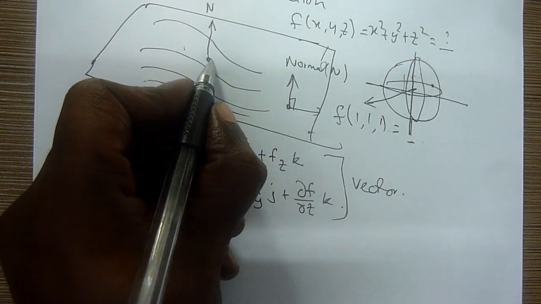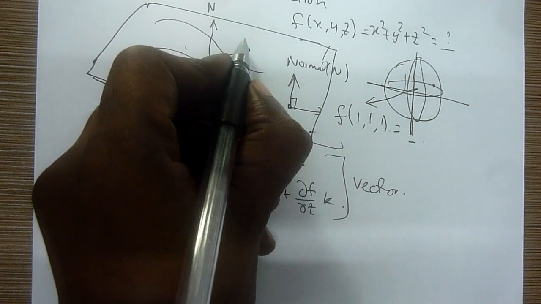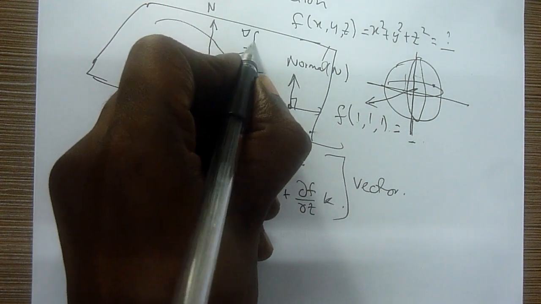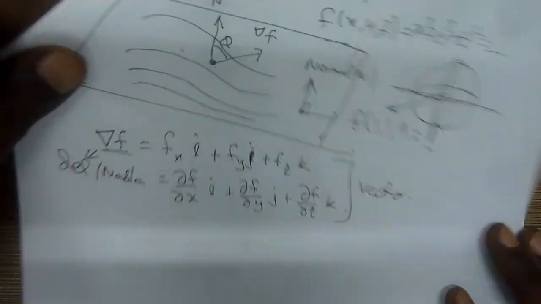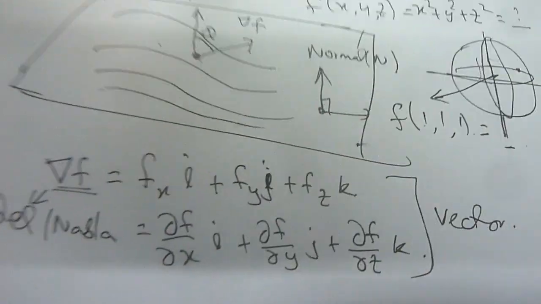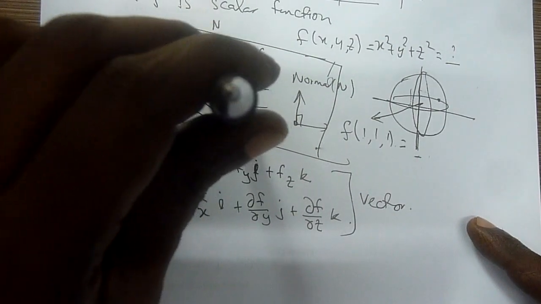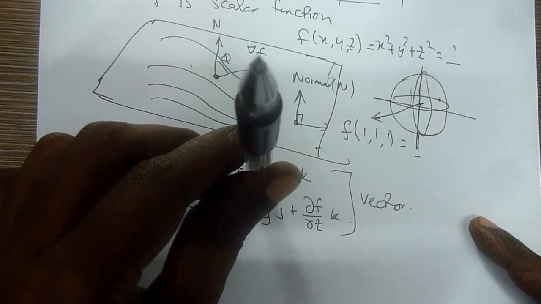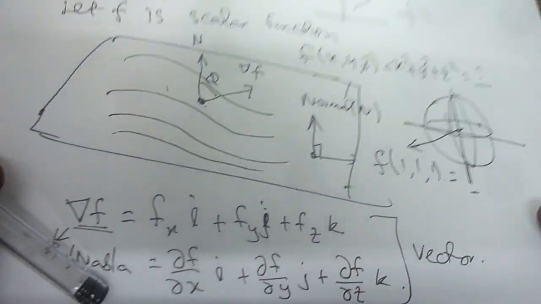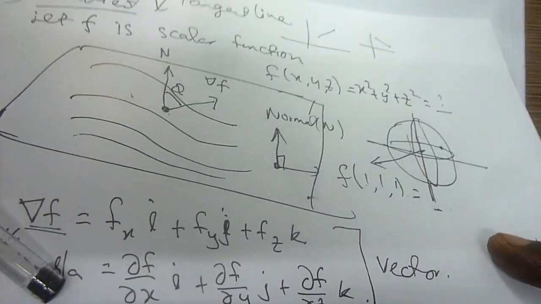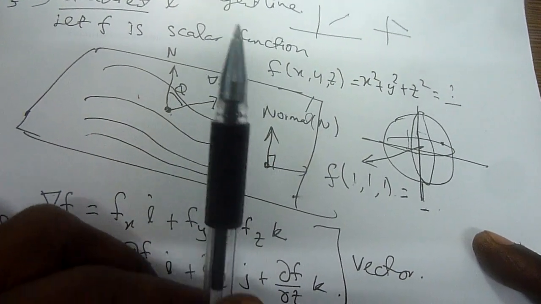But there is an angle. Actually, the surface is moving into this direction. We call it del F, and there is an angle like that. I will show you, it's something like this. When I refer to the normal, I'm referring to this. I'm taking the pen, but when the surface is not smooth, you see the angle is moving in a different direction.